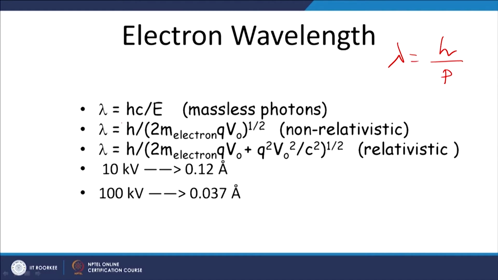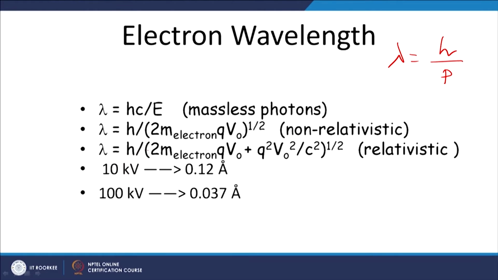Now, this lambda can also be written as hc by E in the case of the massless photon, and for the electron you can write it as h by [2 m q V0] to the power half, where m is the mass of the electron, q the charge of the electron, and V0 the applied potential difference. This is for the non-relativistic case. For the relativistic case, we have to do the relativistic correction.